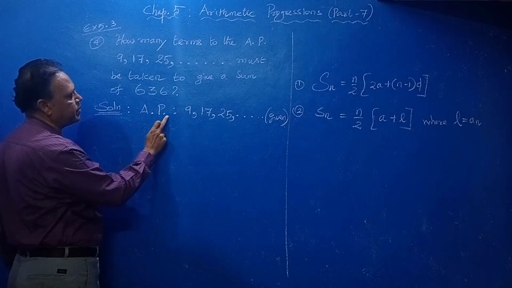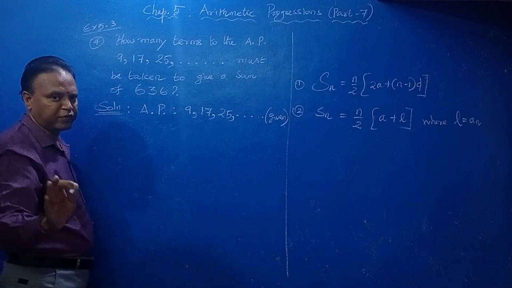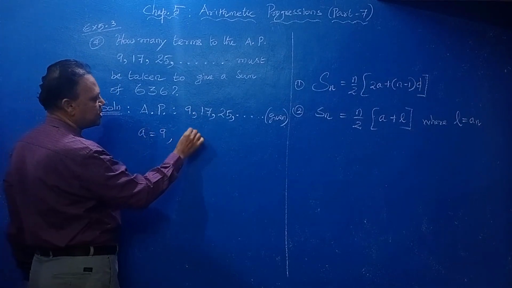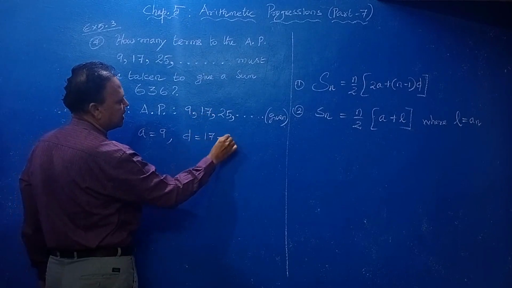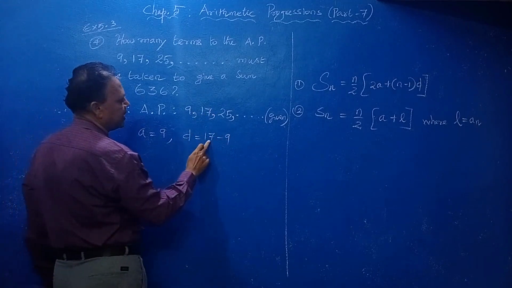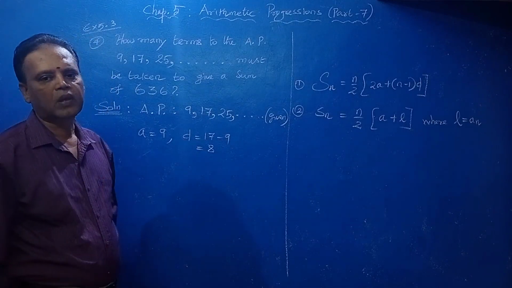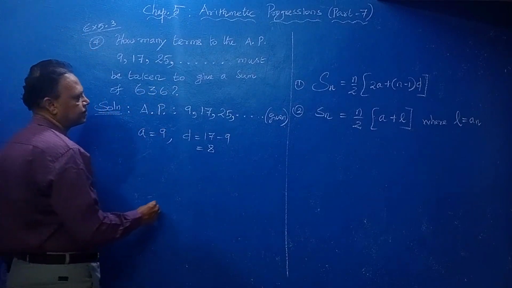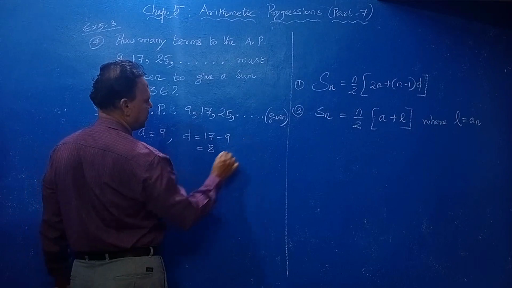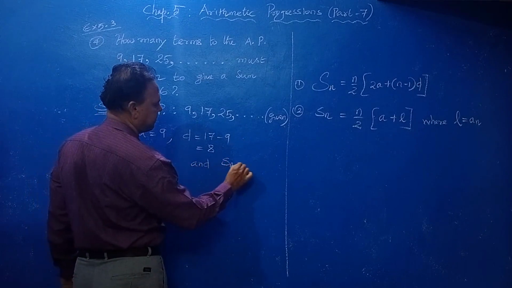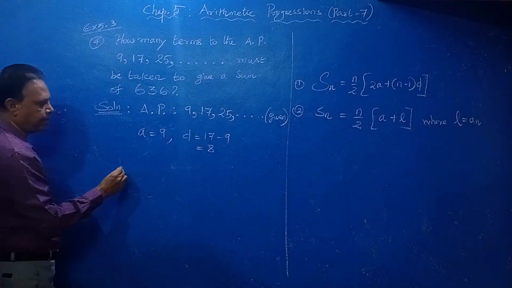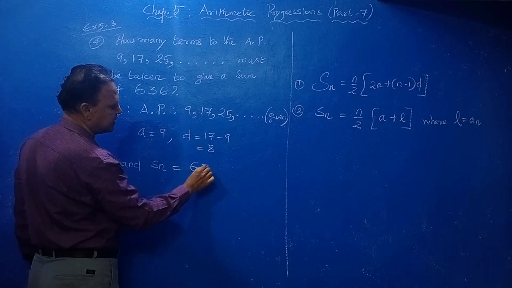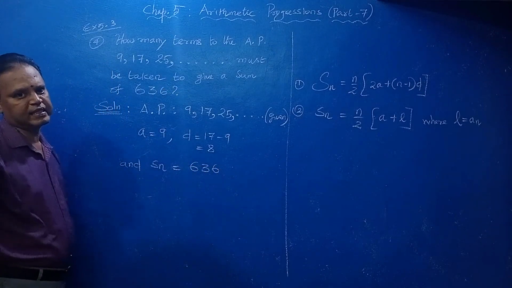So write the given AP. If the AP is given, immediately you can find a. What is a? 9. What is d? 17 minus 9. Now Sn is also given, Sn is 636.